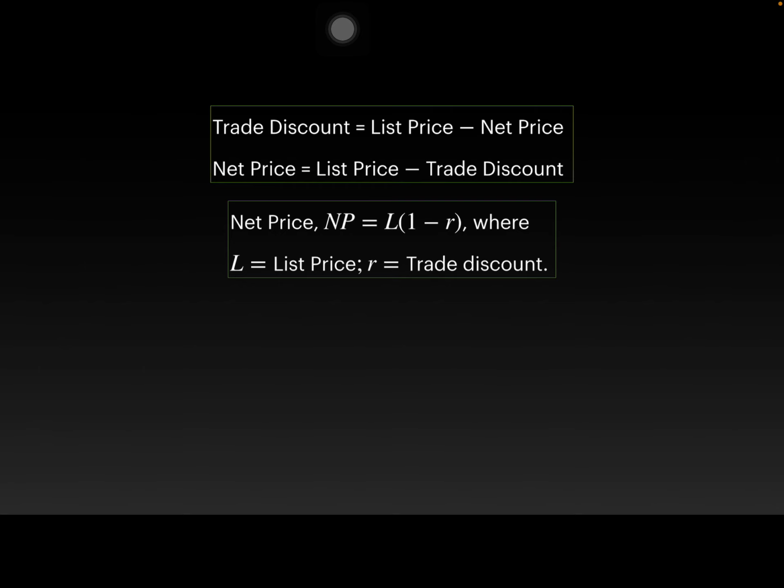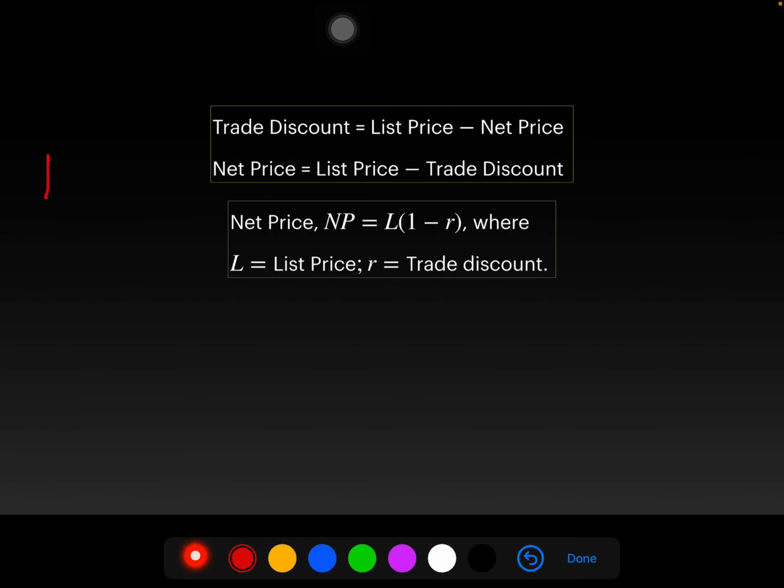Trade discount will be computed as list price multiplied with R. So we put it into the formula, and we get net price equal to list price multiplied by the quantity of 1 minus R. Basically it came from the formula of net price itself, where net price equals list price minus trade discount.